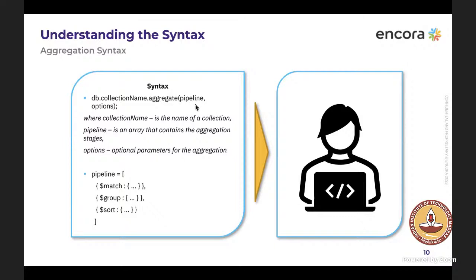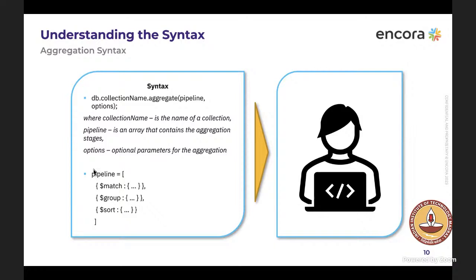Here we pass our pipeline, which is the list of stages we want to pass on. And these are the options. This is a completely optional parameter. If we want to pass an option, we can; otherwise, we can ignore it and continue with the pipeline.